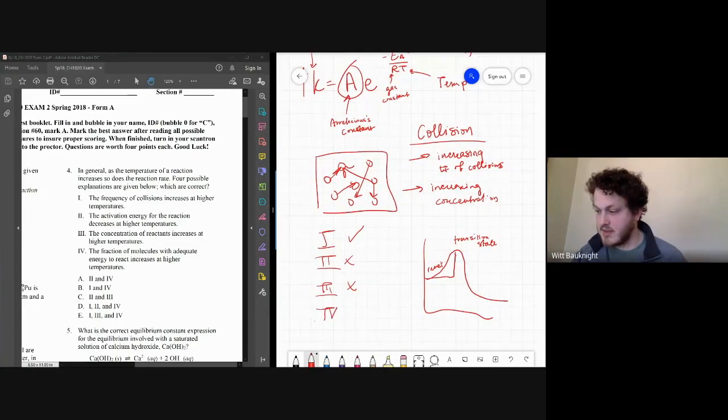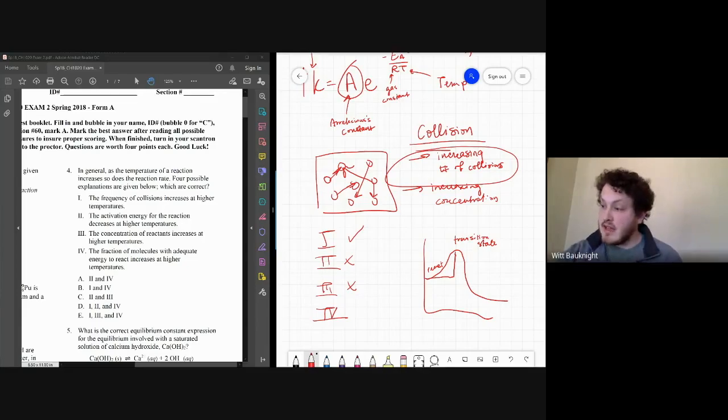Now let's talk about statement number 4. Statement number 4 says the fraction of molecules with adequate energy to react increases at a higher temperature. That is correct. That affects the increasing number of collisions, and these have more energy. It's like the marbles in the jar are moving faster.